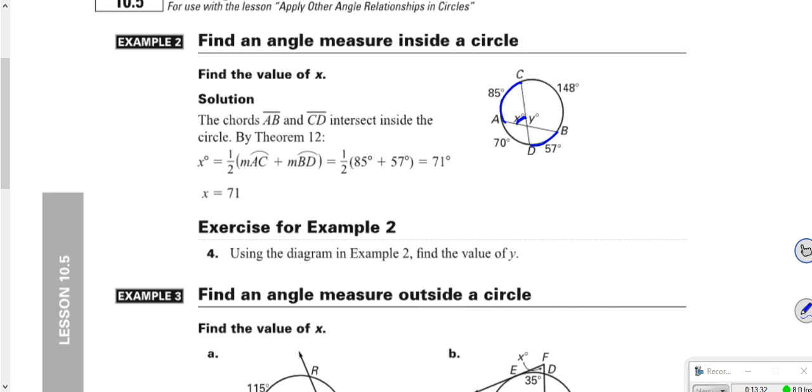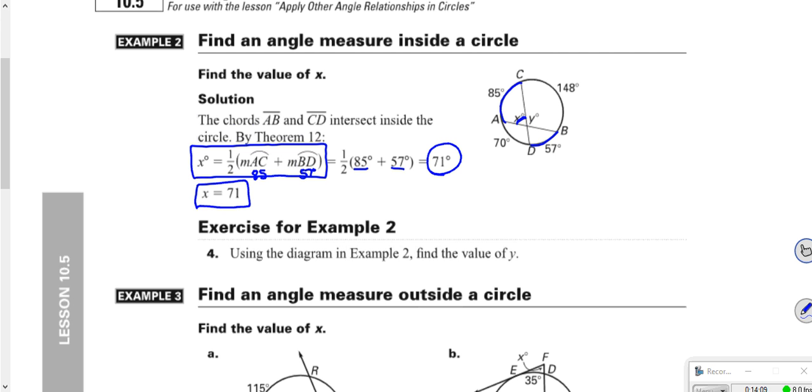So again, x degrees here is half the measure of AC, which is 85, plus measure of BD, which is 57. You can see that clearly here, 85 plus 57. 1/2 of that sum, okay, if you do 85 plus 57, you get what, 142? 1/2 of that is where they get the 71. Okay, so x is 71. Again, if it's interior, it's 1/2 the sum of the intercepted arcs.